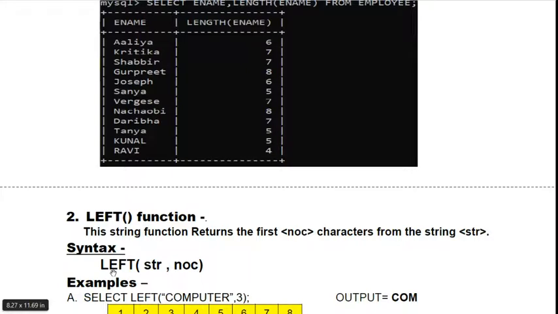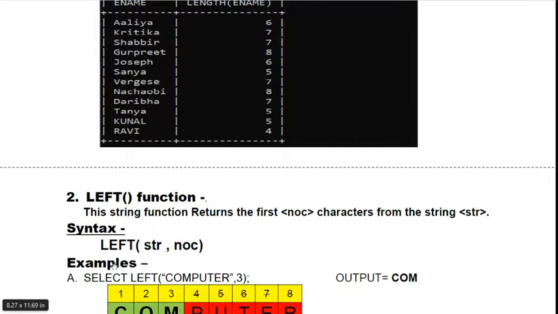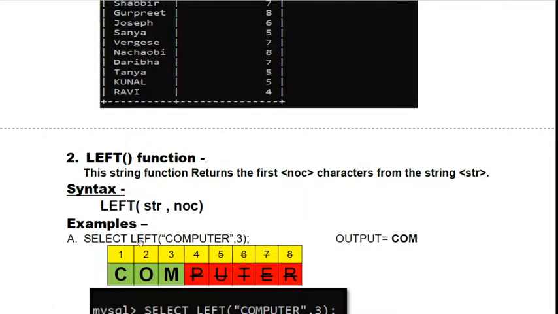The function name left indicates the direction, that it always reads from the left hand side. For example, select left computer, comma 3. So it requires two arguments. First argument computer, second one is 3, delimited with a comma. Here you can see comma is the delimiter in between the arguments.